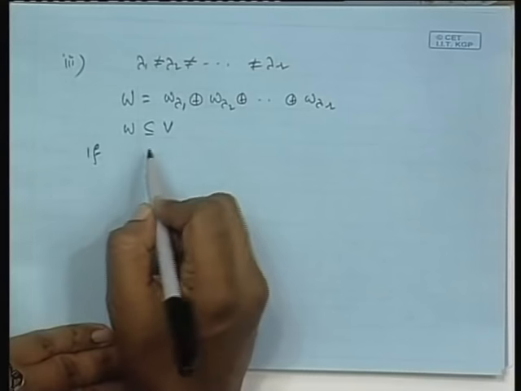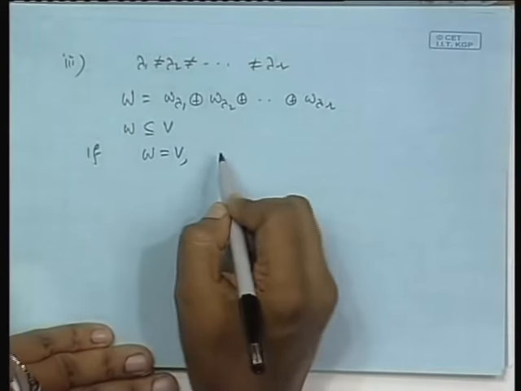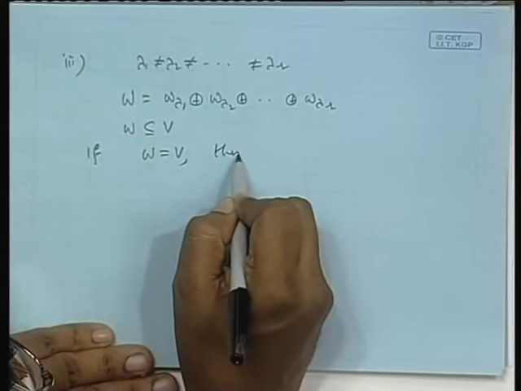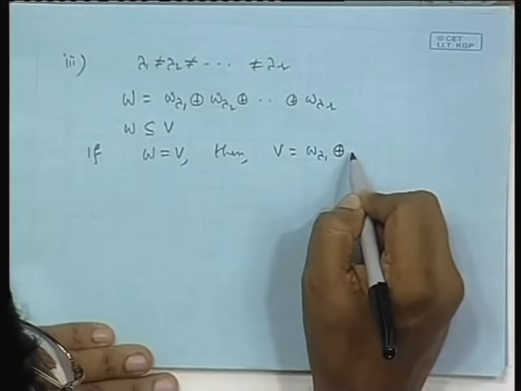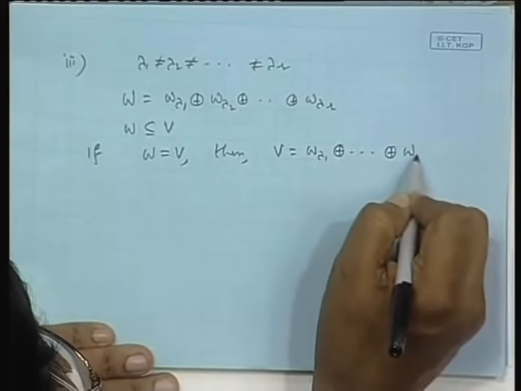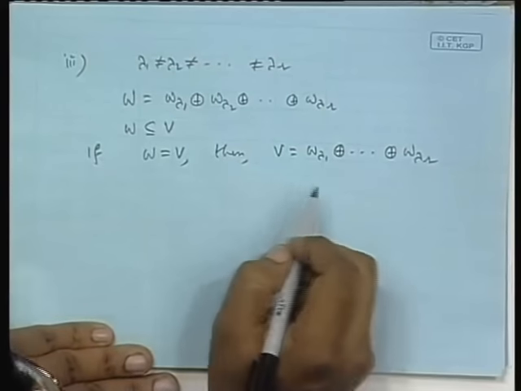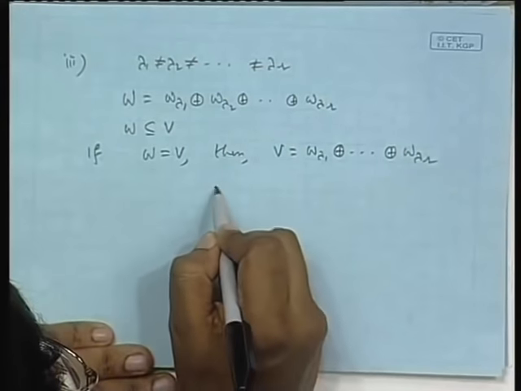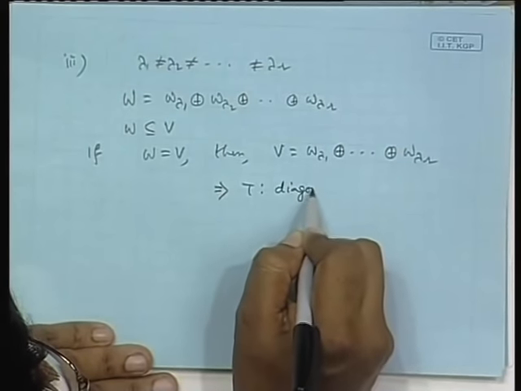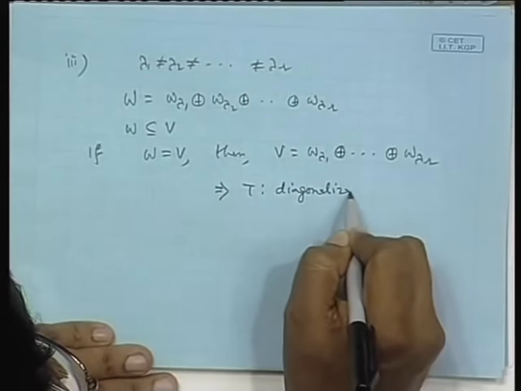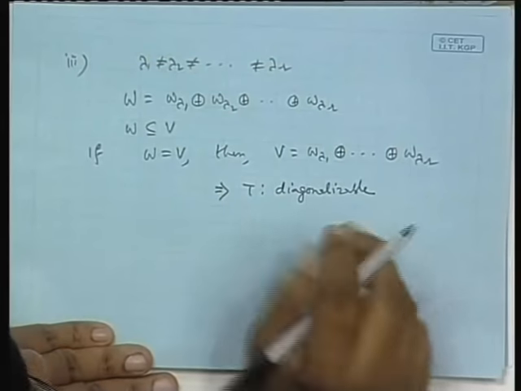If W is equal to V, then we have V is equal to W lambda 1 direct sum dot dot dot direct sum W lambda r. Then we say T is diagonalizable. Why diagonalizable?